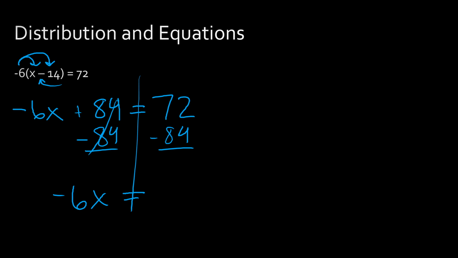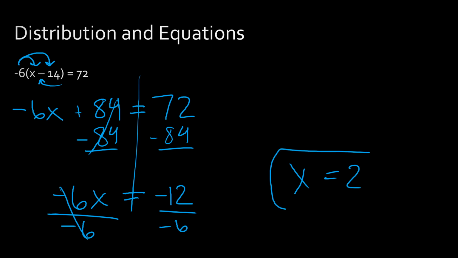That's going to give me a -12. So I want to divide both sides by -6 to get this x by itself. -12 divided by -6 is +2. Okay, so again, these questions are similar, except we have that one extra step where we have to distribute our numbers first.